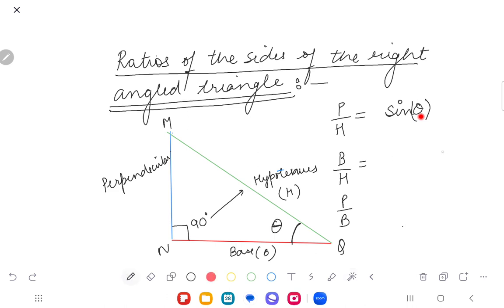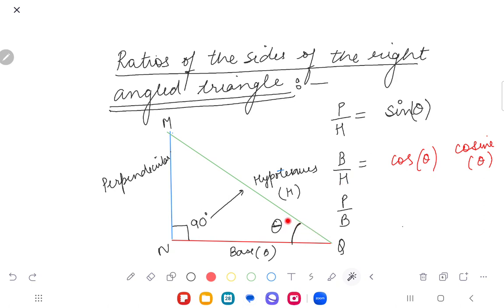Then there is another ratio which is called cos theta. The full name of it is cosine theta, but for short form, we write it down cos theta. So cos basically means the ratio of base over hypotenuse with regards to the given theta.